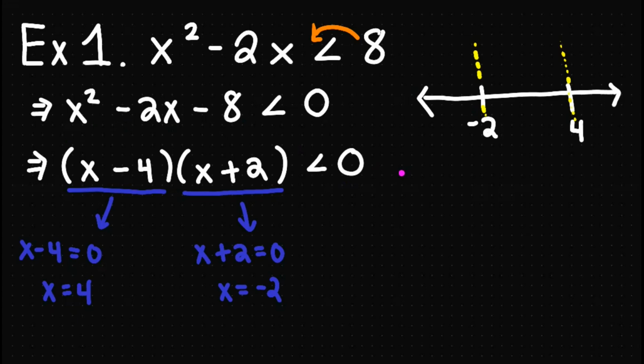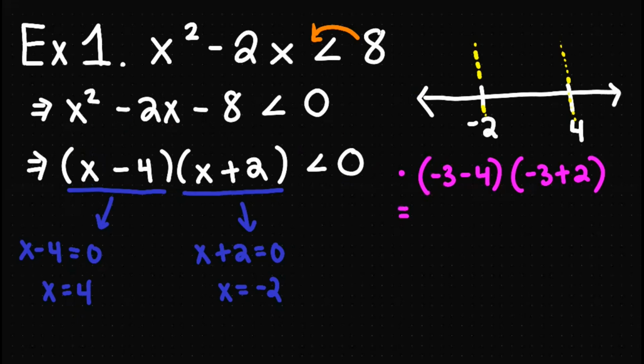Well, a number less than negative 2 can be negative 3. So we'll have here negative 3 minus 4 times negative 3 plus 2. So basically I plugged in the negative 3 out here. This will give us negative 3 minus 4 is negative 7, times negative 3 plus 2 is negative 1.